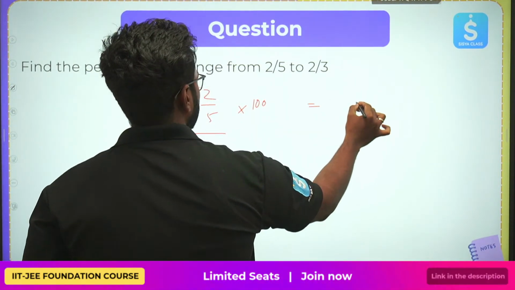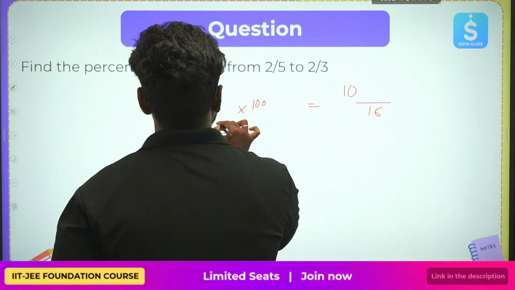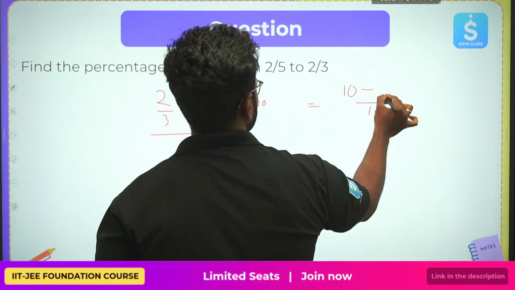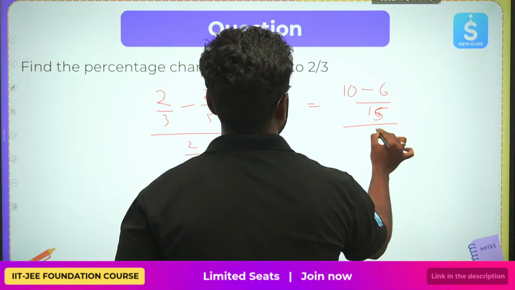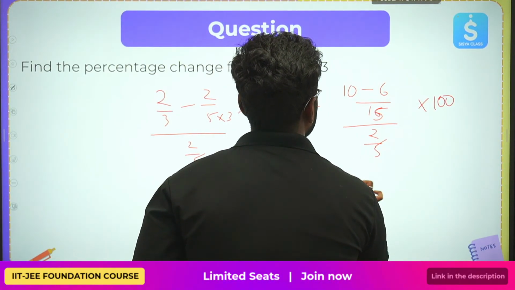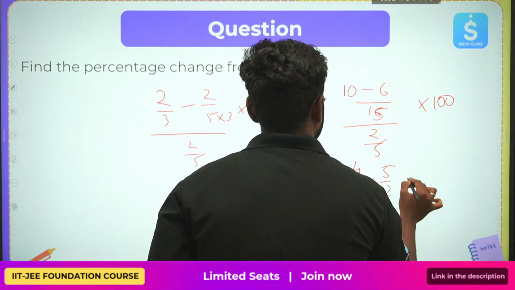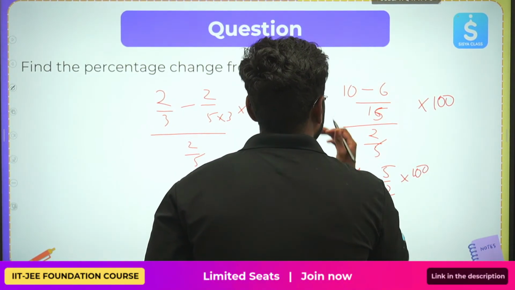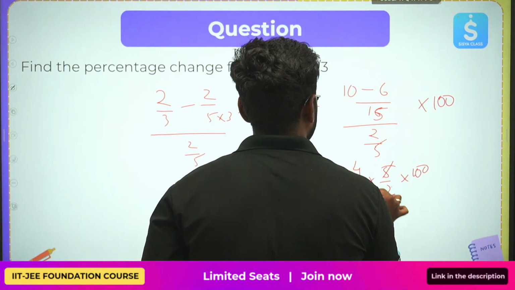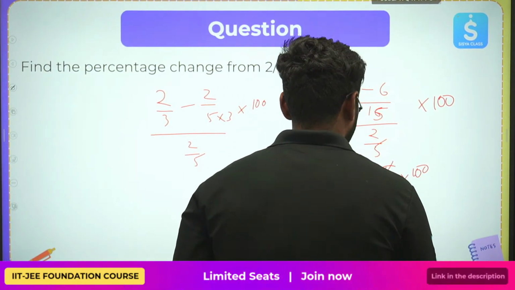That should be (10 minus 6) upon 15, over 2 by 5, into 100. This should be 4 upon 15 into 5 by 2 into 100. This should be 3, 2, right? Should be 200 upon 3.